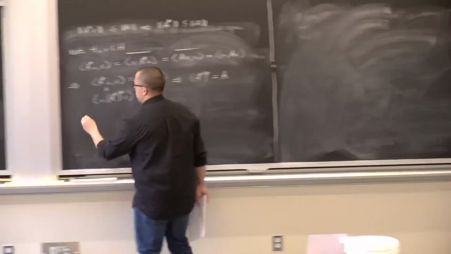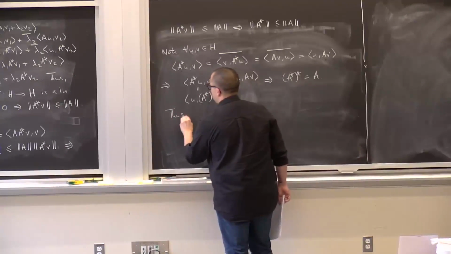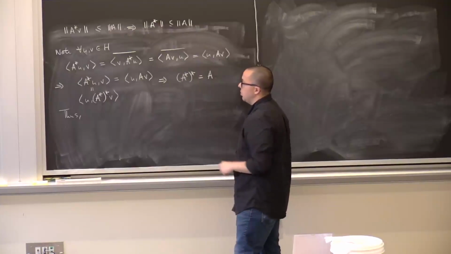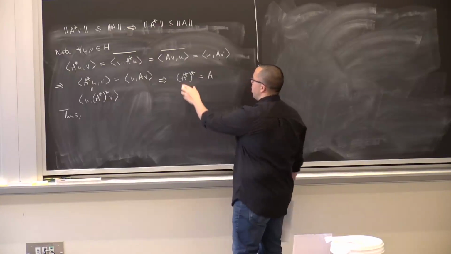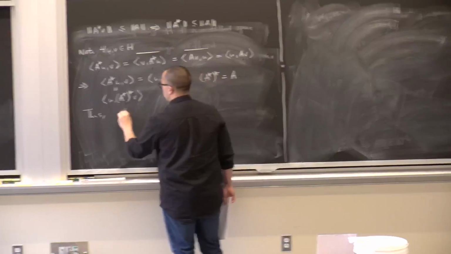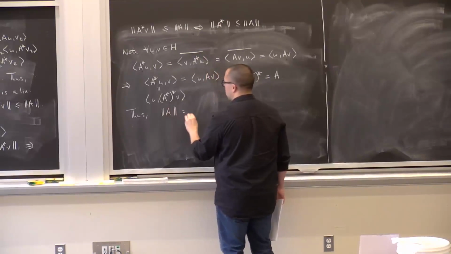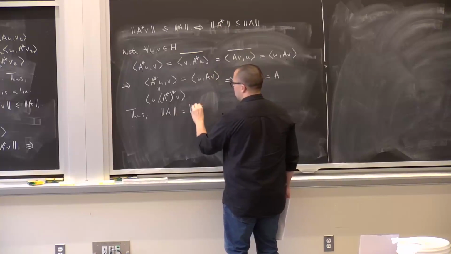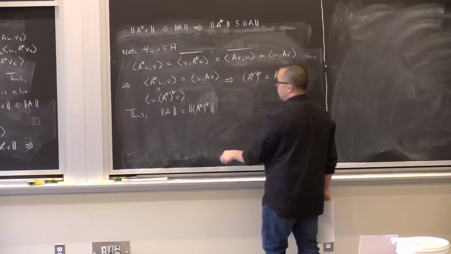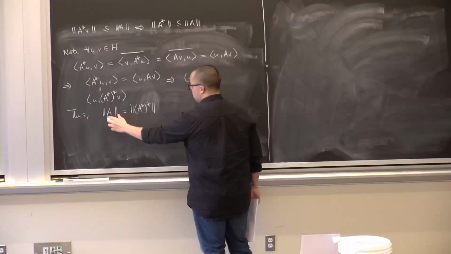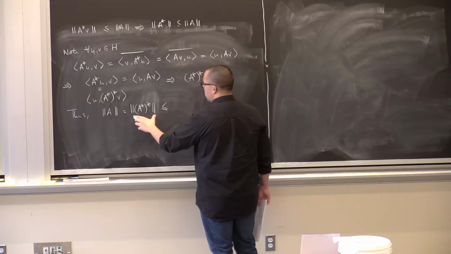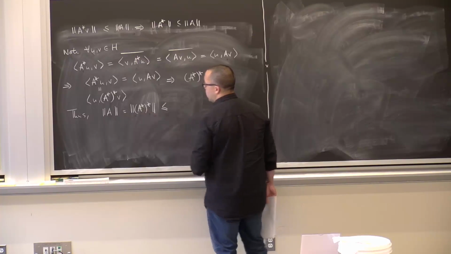Thus, by what we've done previously, the previous argument, if you like, applied now where A is replaced by A star, the norm of A star star, which is equal to the norm of A, the adjoint of the adjoint, because this operator is equal to A. By what we've done, we've shown that the norm of the adjoint is always less than or equal to the norm of the thing you're taking the adjoint of.